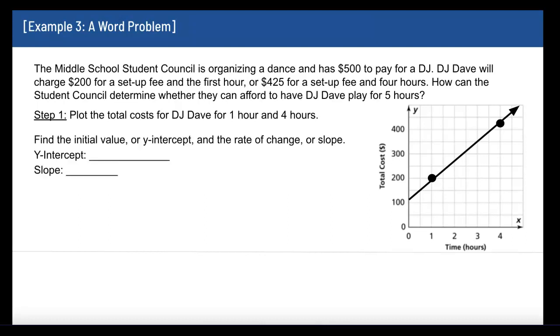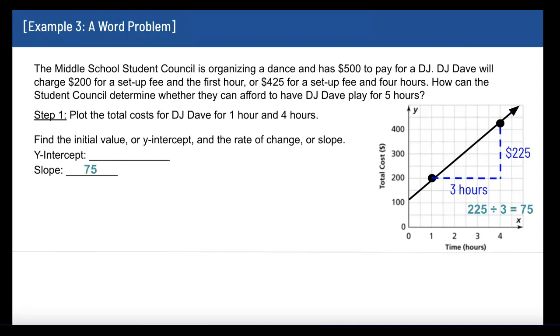We will find the initial value, or y-intercept, and the rate of change, or slope. Slope is found again by looking from one point to the next. We see that when we increase 3 hours from 1 to 4, we increase $225. This means that we take 225 and divide by 3 to find that we are increasing $75 per hour. So our slope is 75.